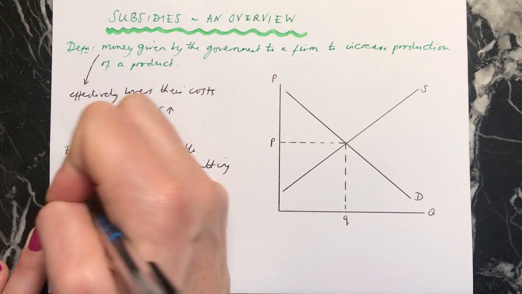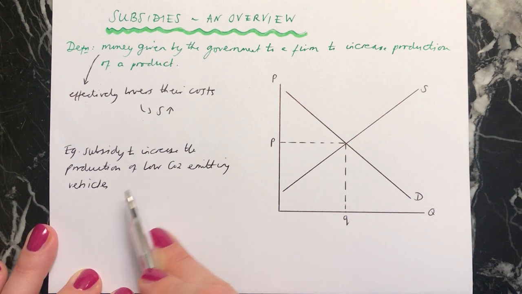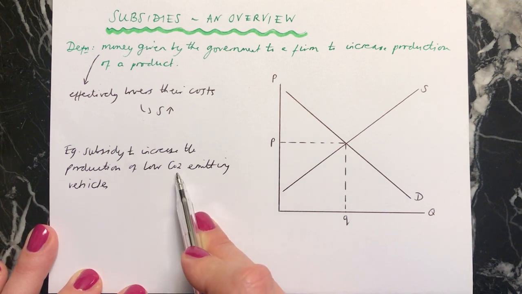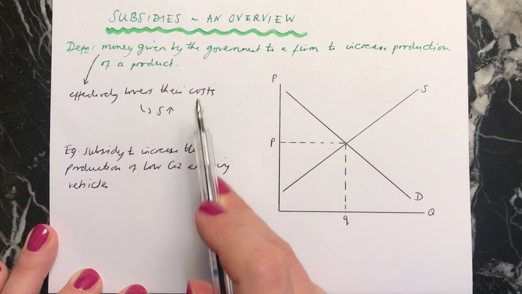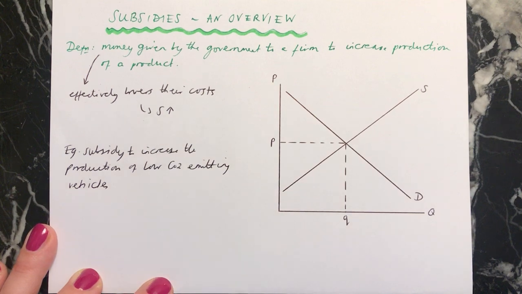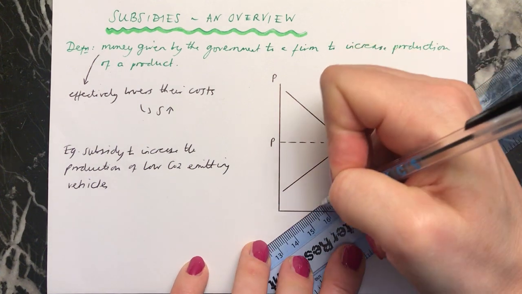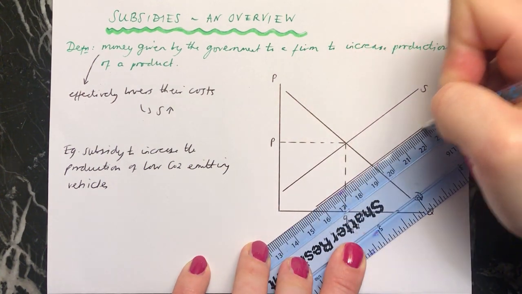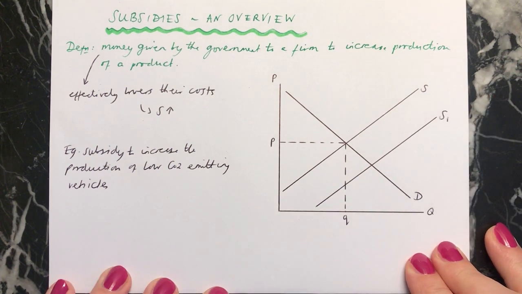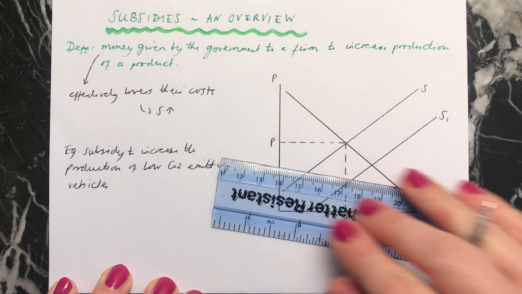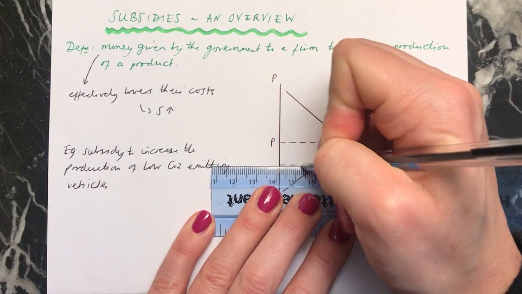So car companies might be given subsidies to encourage them to increase the amount of low CO2 emitting cars that they're producing. When they receive the subsidy, their costs go down and therefore they can supply more. If it is a unit subsidy, which we'll generally assume, we have a parallel shift to the right of our supply. So supply is increased.